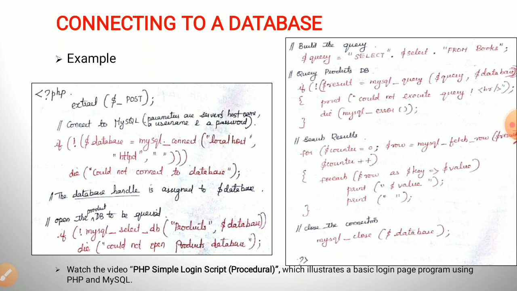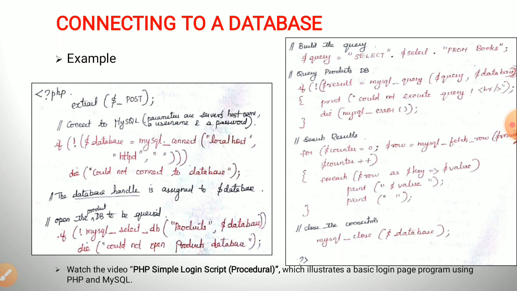So this database.php file processes the form data. Okay, now assume that we have already created a database named products by using phpMyAdmin or something like that. Okay, so our database name is products.